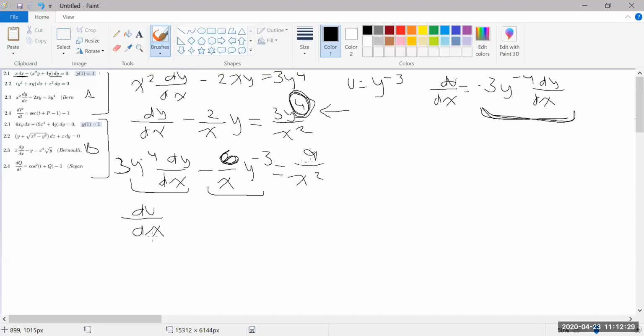And then our y to the negative 3 is just our u, so minus our u equals our 9 over x squared, and this is negative. Okay, and that's really it. That's all you had to do. It's now in its integrable form.